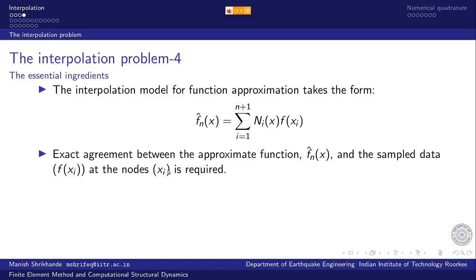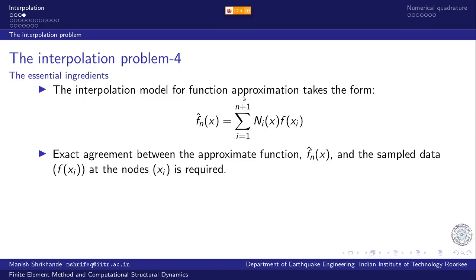Now how does that happen? What will force this approximation to evaluate to f of xi when evaluated at xi?